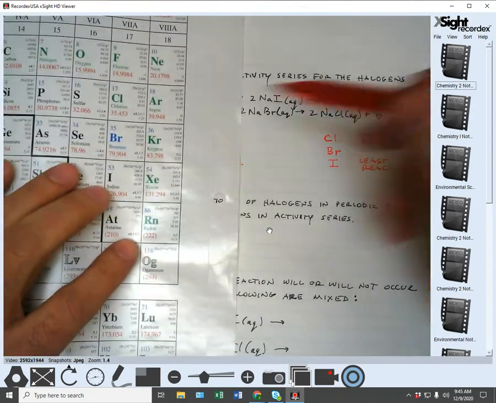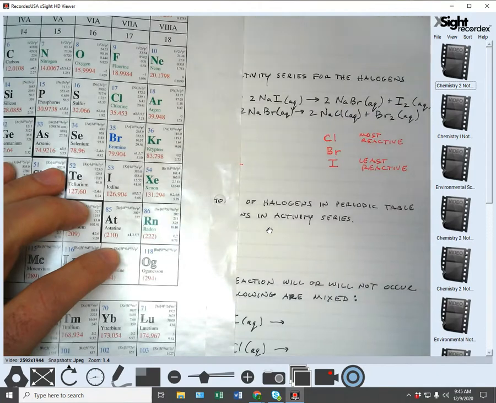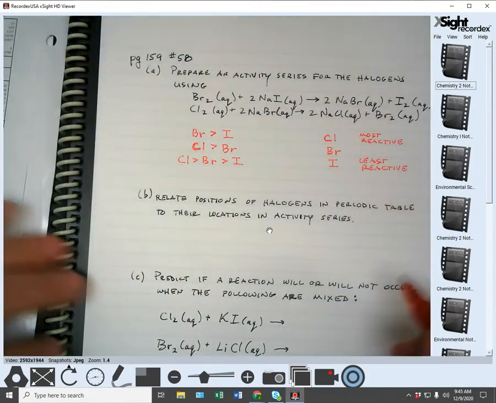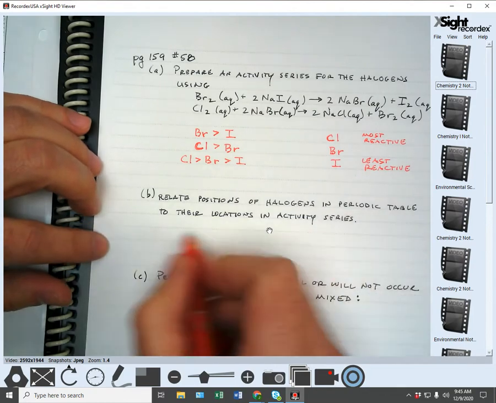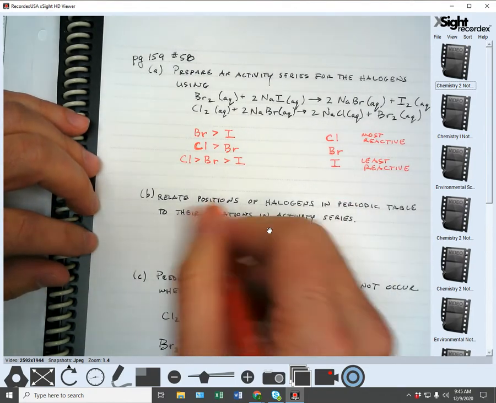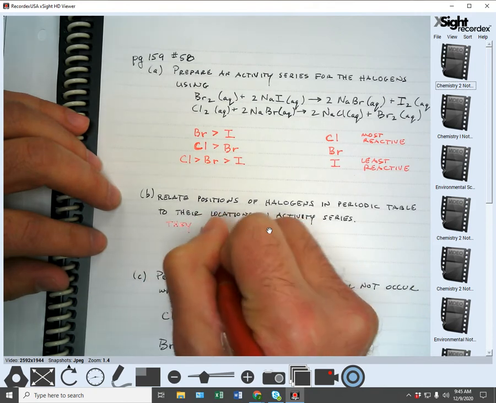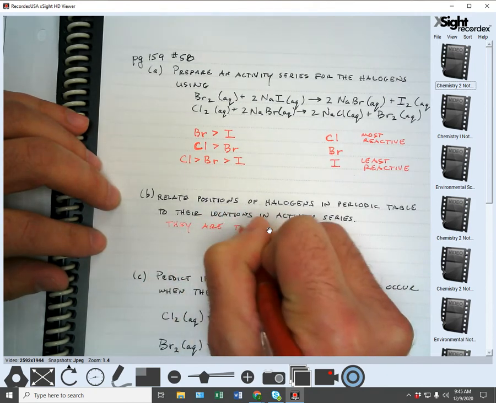Look on the periodic table: chlorine, bromine, iodine. Okay, so the positions of halogens in the periodic table and their locations in the activity series, they are the same.